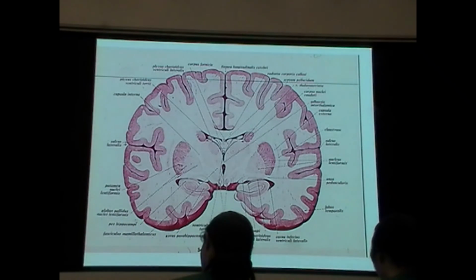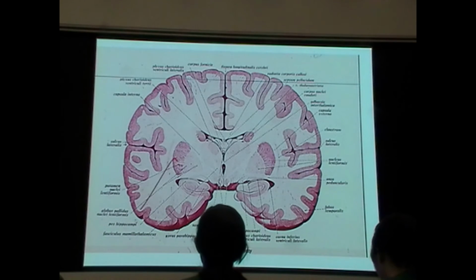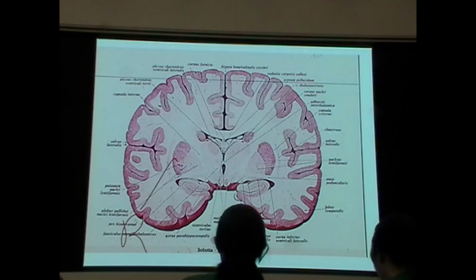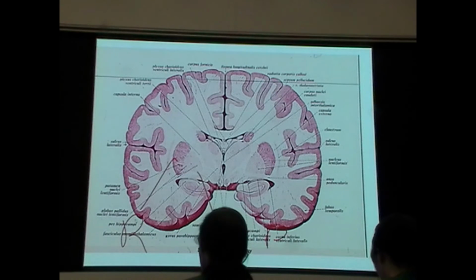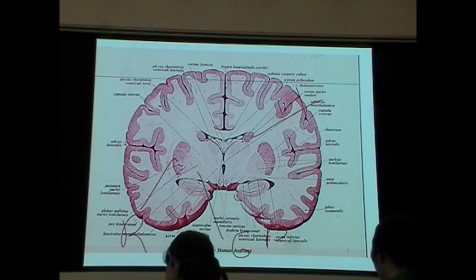Here is a transverse section. Okay, so here is the putamen. Here is the globus pallidus. And here, this is the head of the caudate up here, caudate nucleus.